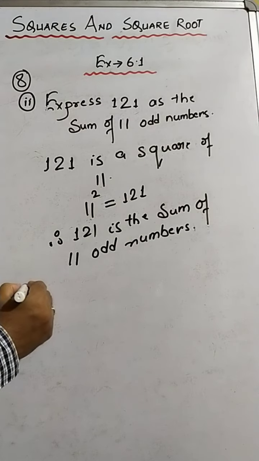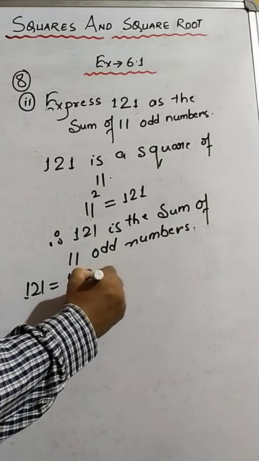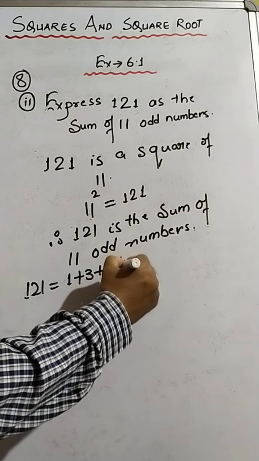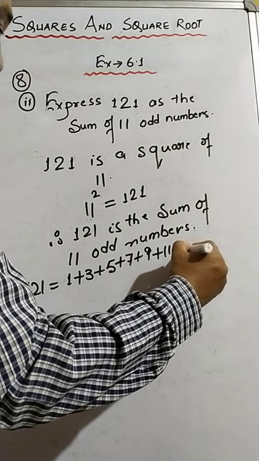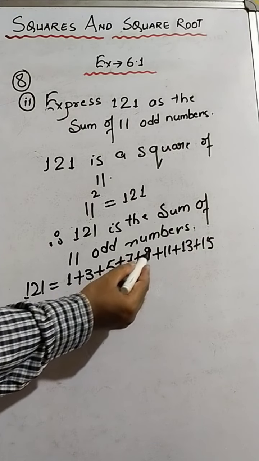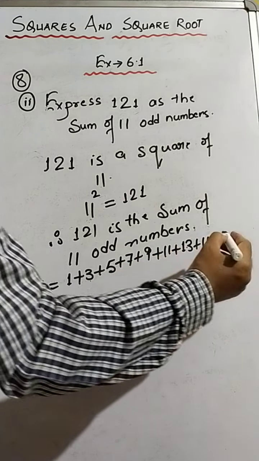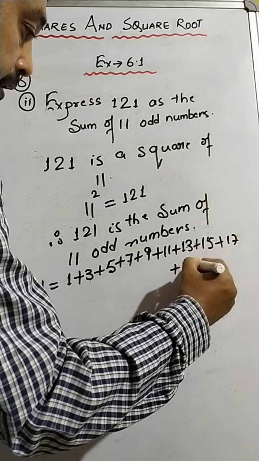Okay, so 121 could be written as 1 plus 3 plus 5, 7, 9, 11, 13, 15, then 17, 19.